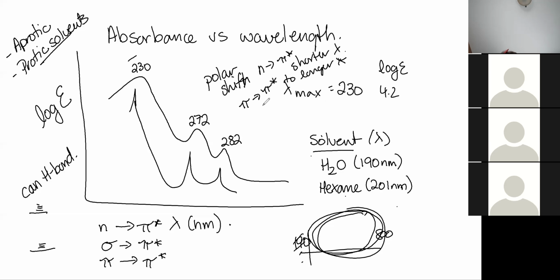In organic chemistry, the molecules which are useful for UV visible are things that are highly conjugated. So in conjugated systems, the gap between the HOMO and the LUMO gets shorter and shorter and shorter. Most organic molecules are white, right? There's maybe a little bit of yellow.